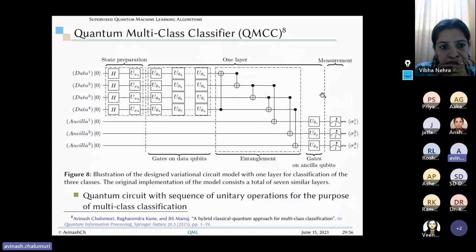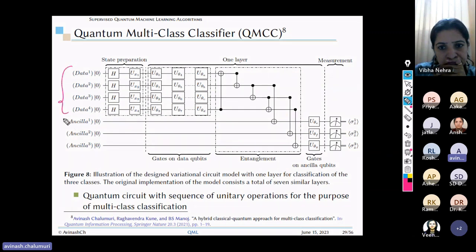This is an example of a quantum multi-class classifier. It is simple: you have some data, and you have some special-purpose qubits, also called ancilla qubits, which you can consider as reserved qubits.